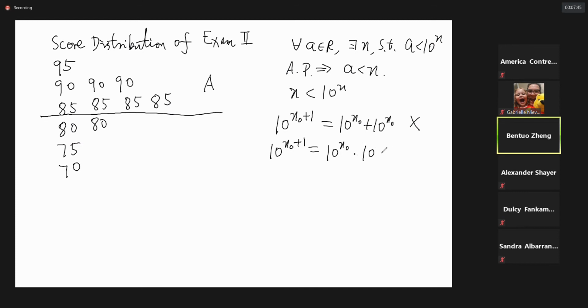It's not times 2. So this is 10 to the n0 plus 9 times 10 to the n0. As I said, the proof works for this, but actually this is larger, okay? This is even larger. All right, just have to be a little bit careful.